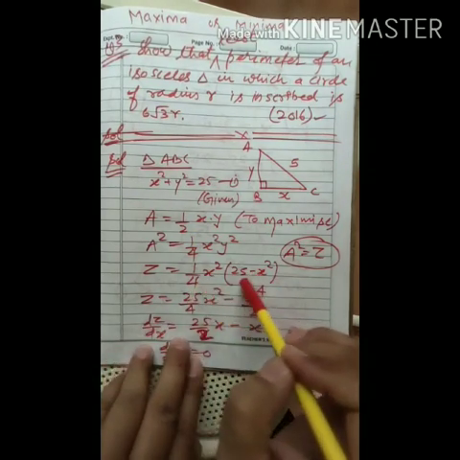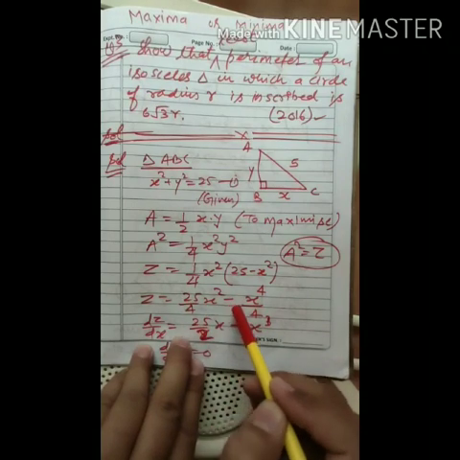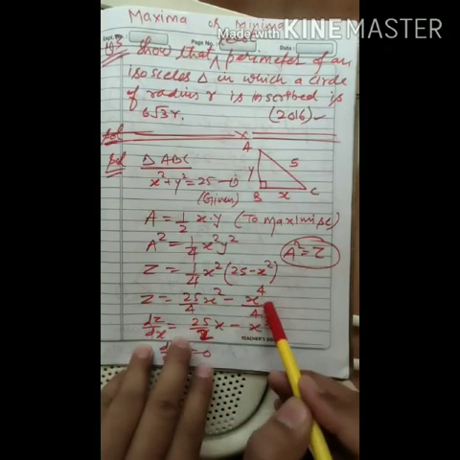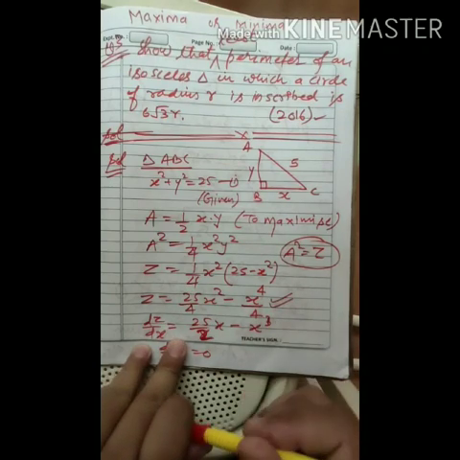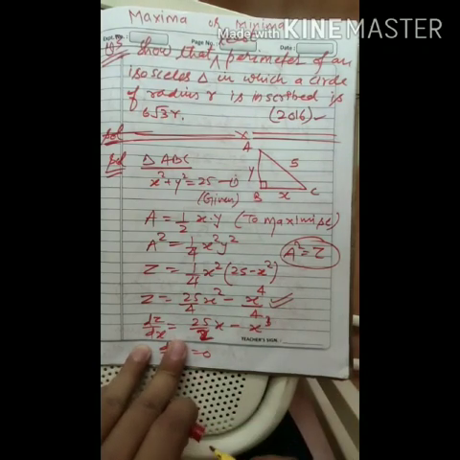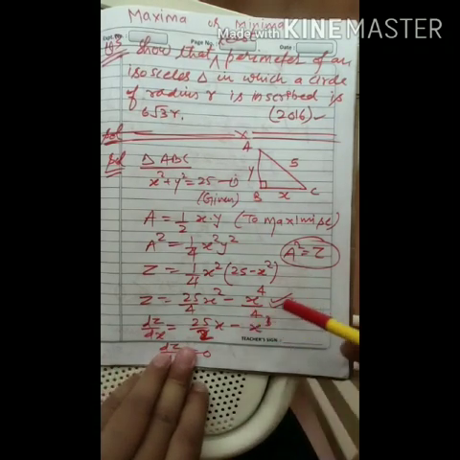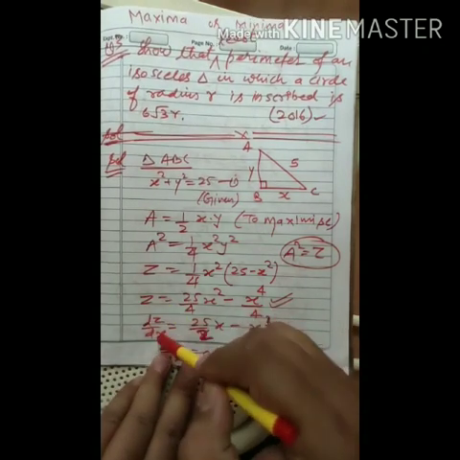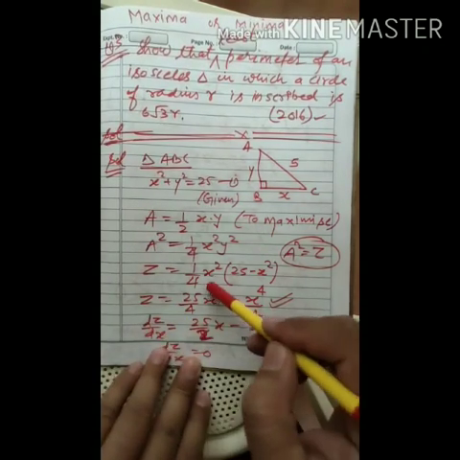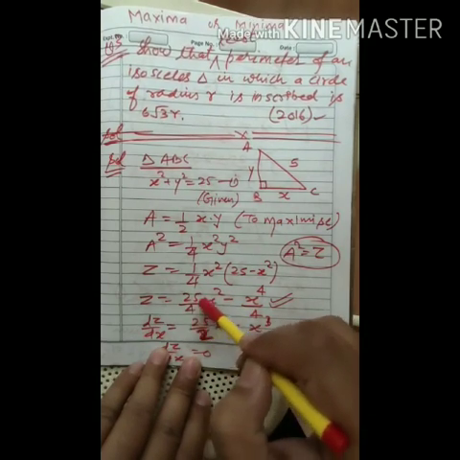Okay, now open the bracket, you will get 25 by 4 x square minus 1 by 4 x to the power 4. Now from here we are ready to differentiate. Differentiating both the sides with respect to x, that is dz over dx, and differentiation of x square will be 2x. 2 and 4 will cancel each other.